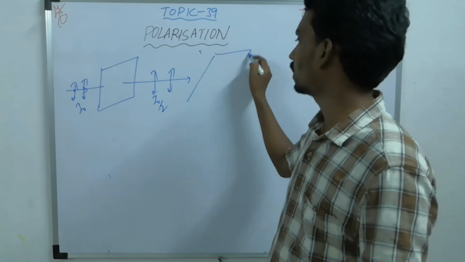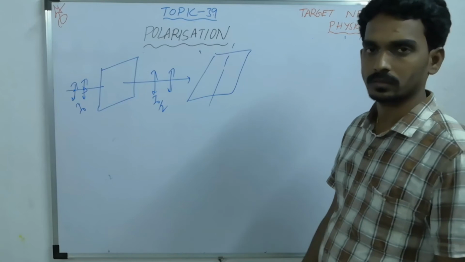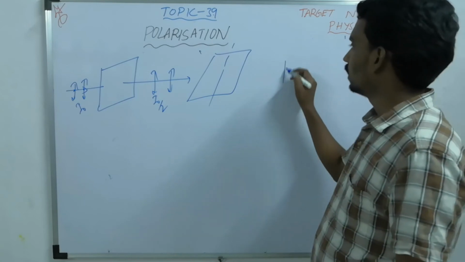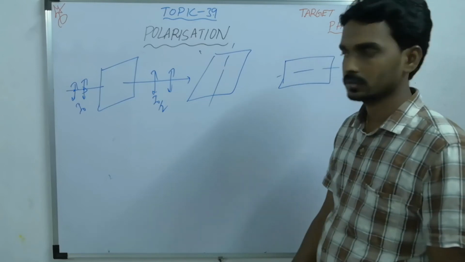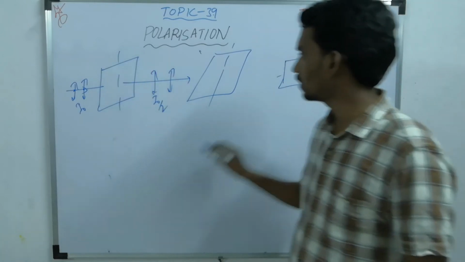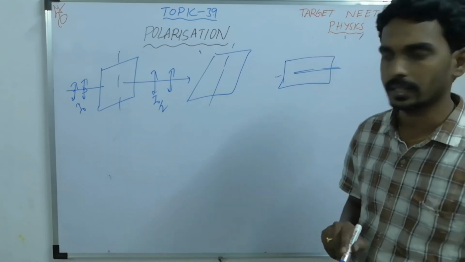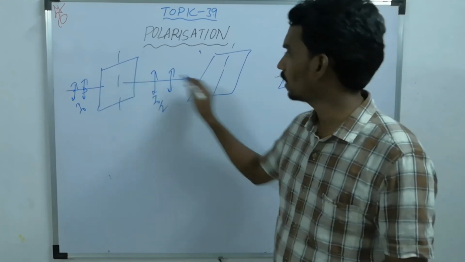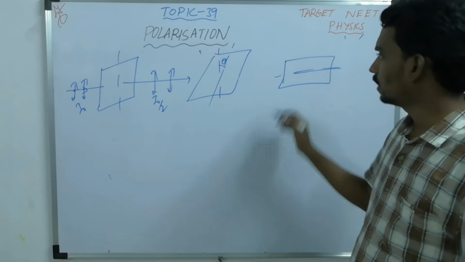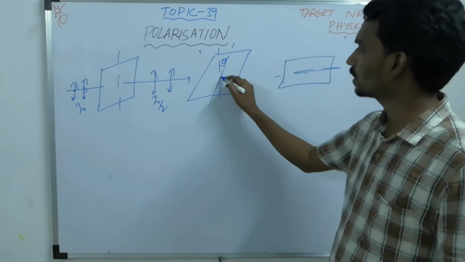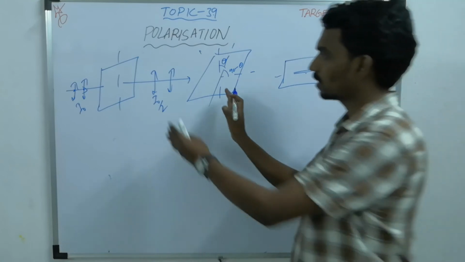Now you arrange one analyzer, and here one more is there. This is the vertical axis, this is the horizontal axis. What is the angle between this and this? 90. Now this has an angle theta with this, so the angle between this and this axis becomes 90 minus theta.